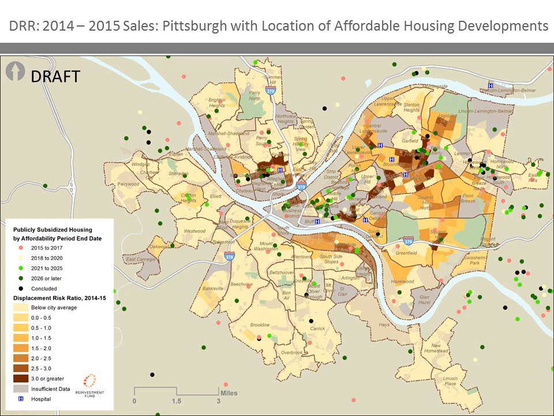And you should understand that the dots are colored by the period of affordability. Now, the pink ones, those are places that will lose their guaranteed affordability like any day now. But as you make your way through yellow, through the darker dots, those are places where the period of affordability will be extended over time. I notice somebody has a question.